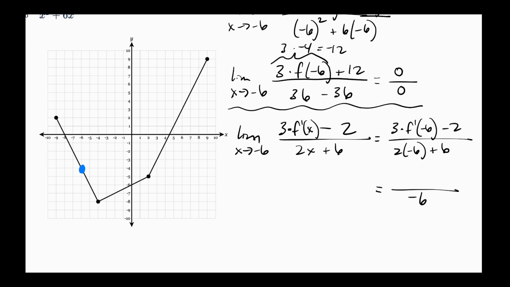So let's see. Looks like we go down 2 and over 1, down 2 and over 1. Looks like it's just negative 2. You can go the whole thing, or I can see there's another point here. So I go down 2 and over 1, negative 2 over 1, which is negative 2.